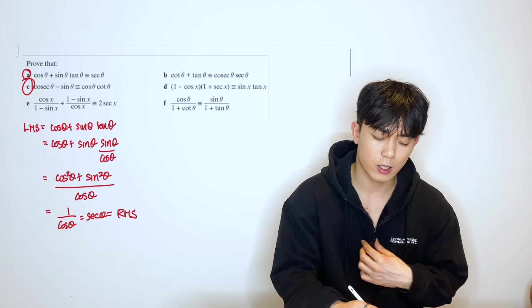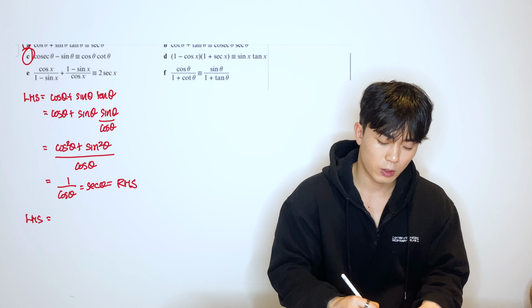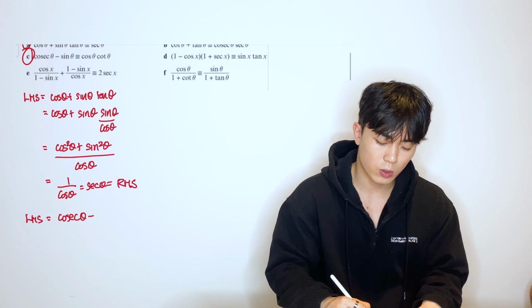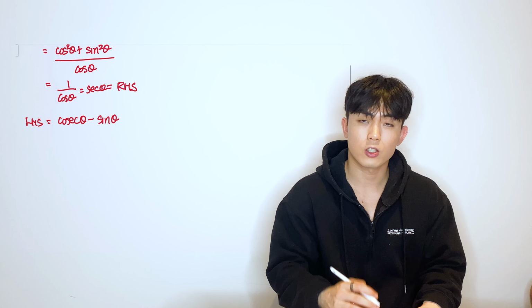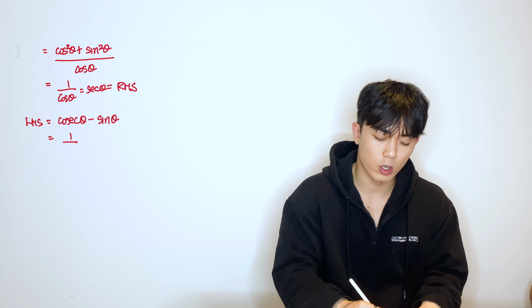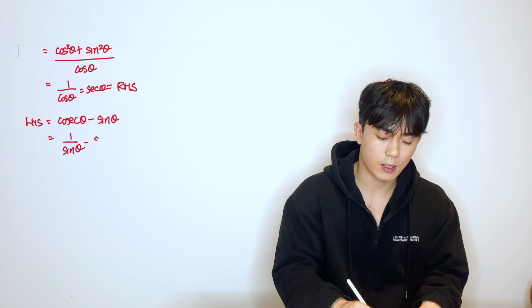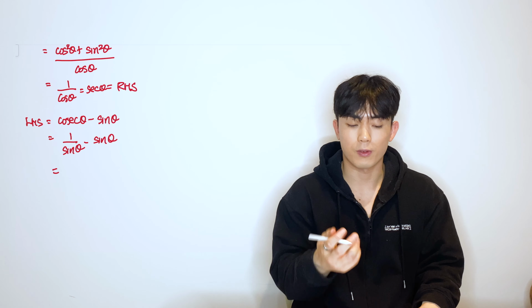Let's try C here. So cosec theta minus sine theta, and we're going to try and change that into cos theta cot theta. So once again, try and change it to sine and cos if possible. Cosec we know is 1 over sine theta, right? Minus sine theta. After we do this, try and make it into one term by making it all one fraction.